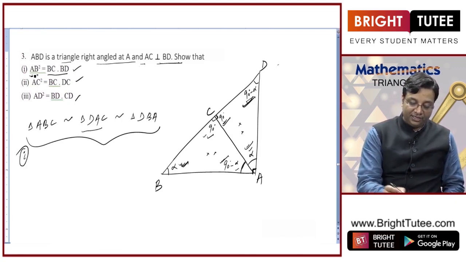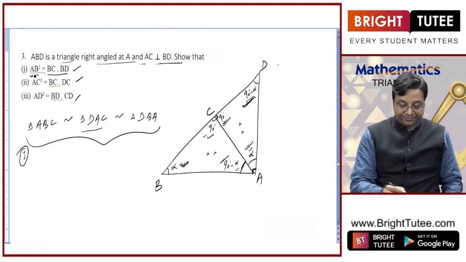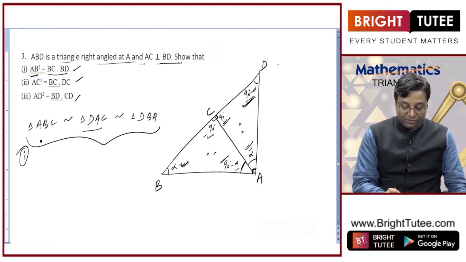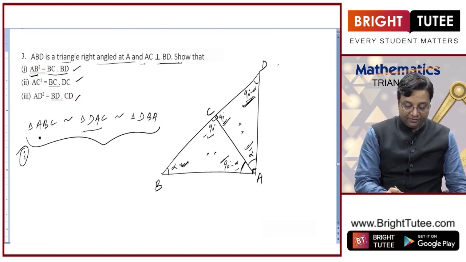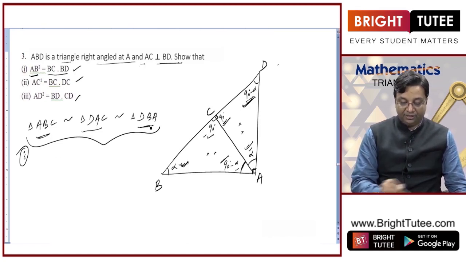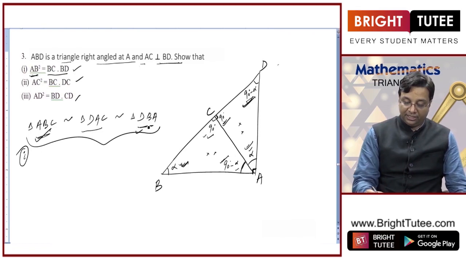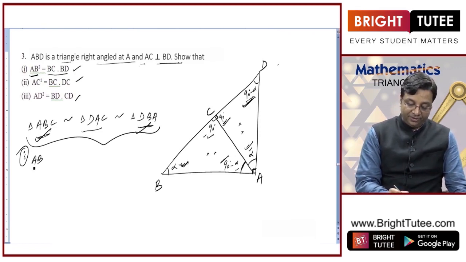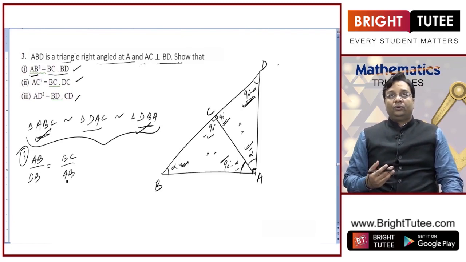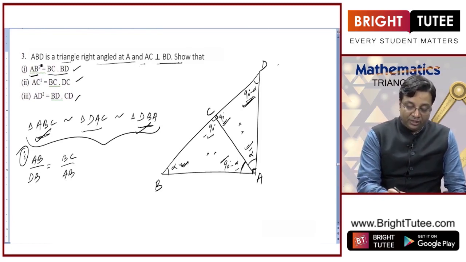First, I require AB square, BC and BD. So where will I get AB square? I have got AB here, I have got AB in this one. So let me use this and this. So AB by DB is equal to BC by AB. It is very easy to know which correspondence to use, because I need to create AB square.